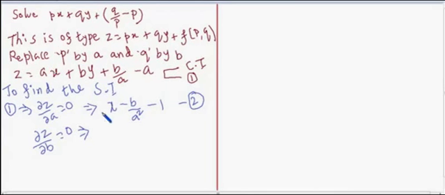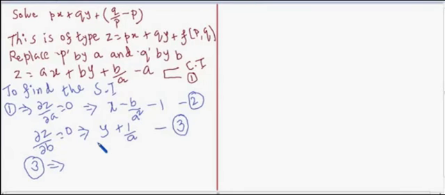The second term is by; y is a constant and the differentiation of b is 1. In the third term, 1 by a is a constant and the differentiation of b is 1. Let us take this as equation number 3.